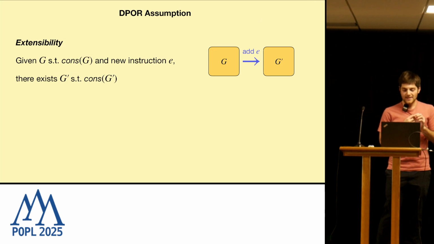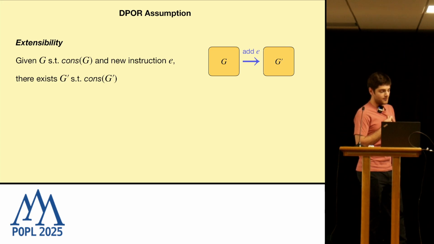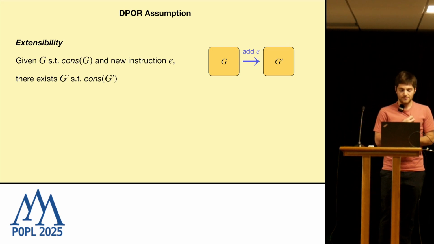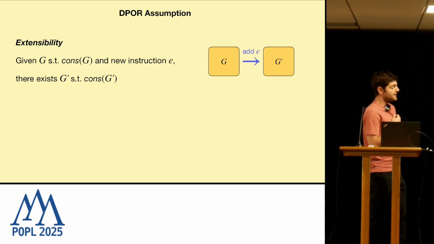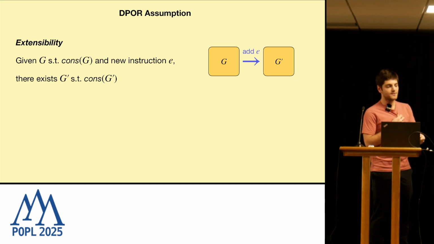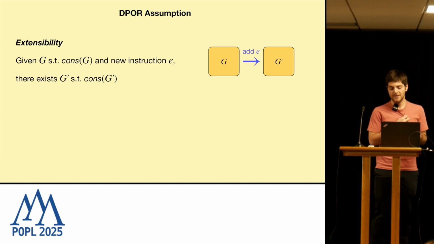And one key assumption for DPOR to work that I want to mention, which will be useful very soon, is extensibility. It says that given a graph that you have reached, and the graph is consistent, and one more instruction that you could have executed, so one pending instruction, there is a way to add the instruction to the partially ordered trace and remain consistent.